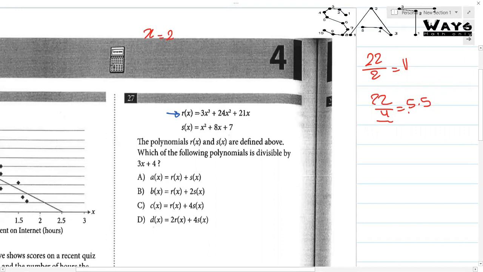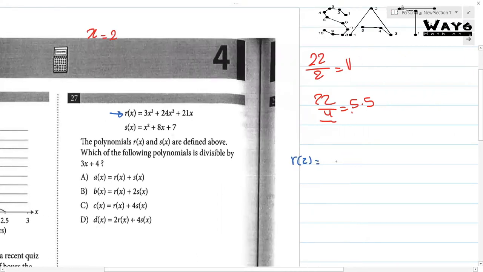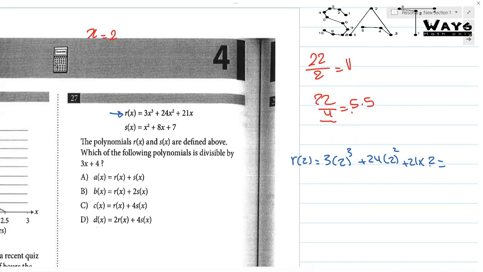So the first one will be R of 2: 3 multiplied by 2 to the power 3 plus 24 multiplied by 2 to the power 2 plus 21 multiplied by 2. Calculate this. It's supposed to be 162.